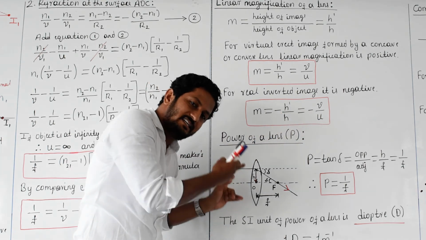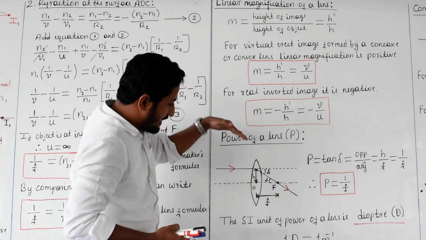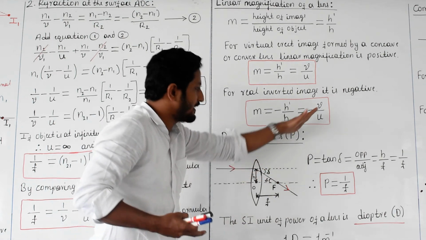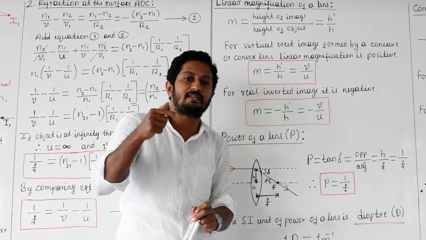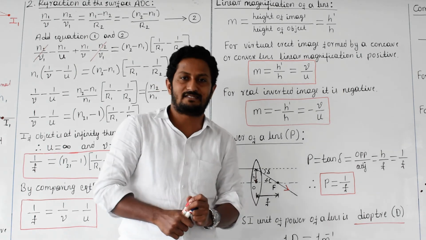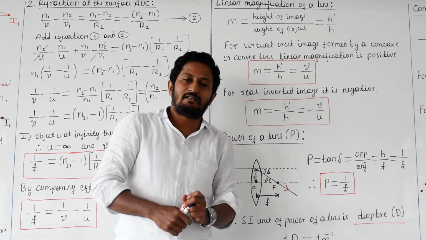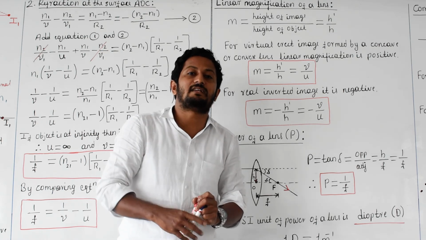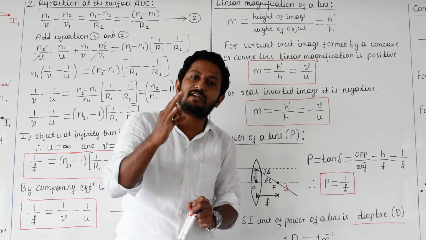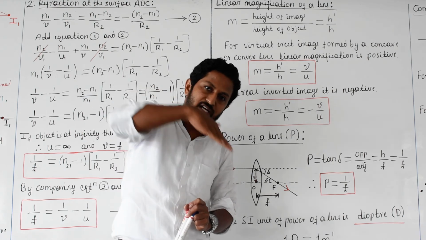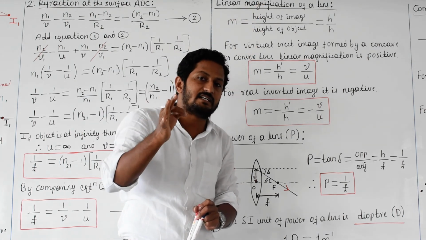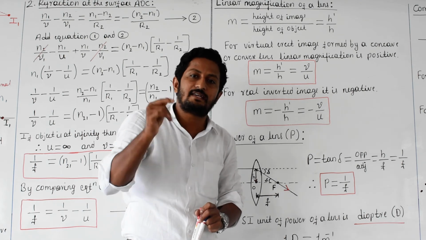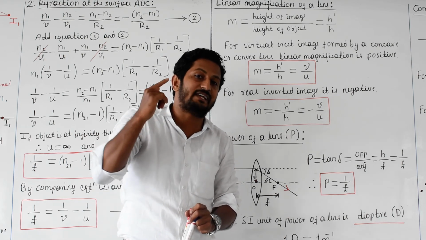This ability of converging or diverging the incident beam of light is called power of a lens. They may ask the question: define power of a lens. The ability of the lens to converge or to diverge the incident light ray is called power of a lens.